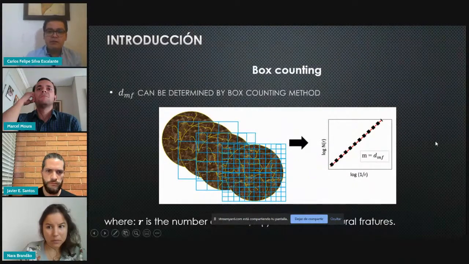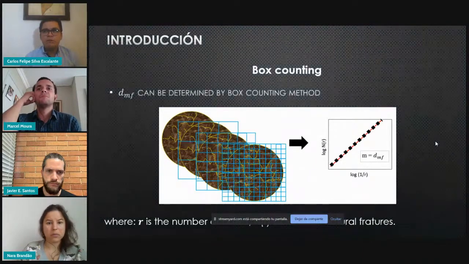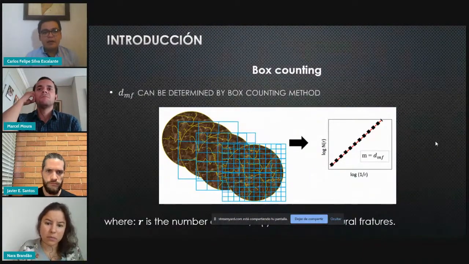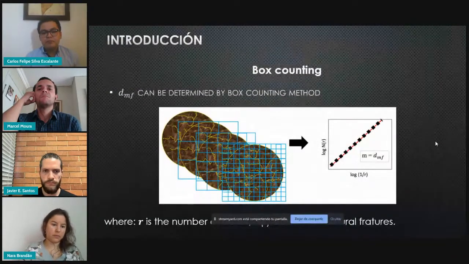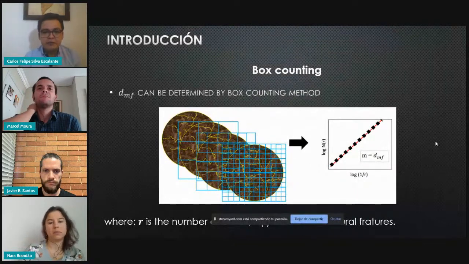With this, thanks to the box counting method, it's just one of, I think, three methods to approximate the fractal dimension in the reservoir.